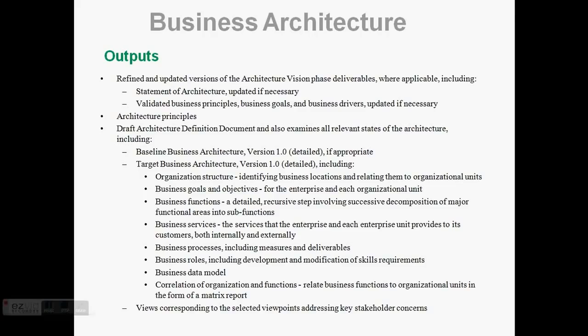It also includes views corresponding to the selected viewpoints addressing the key stakeholder concerns.